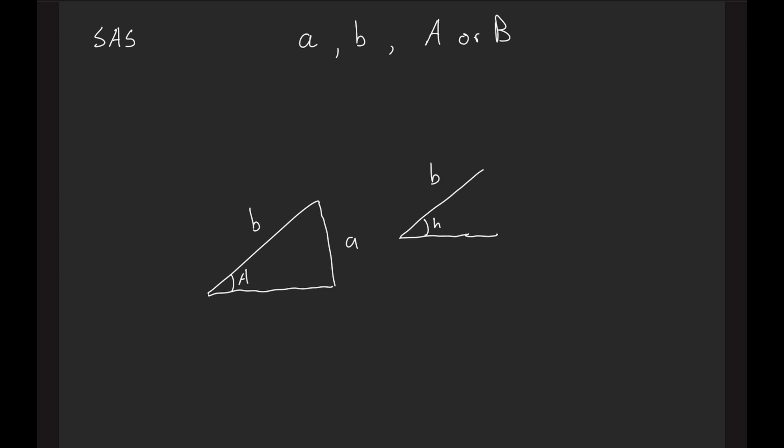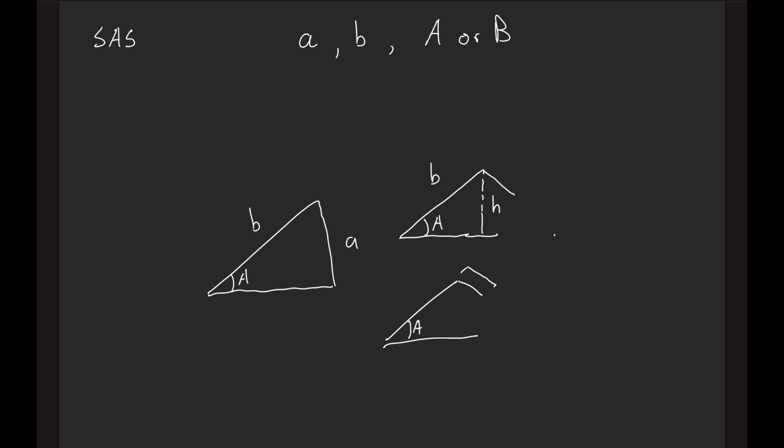Now, since we have angle A, we have a predetermined height, and we have a predetermined hypotenuse. If A were to be shorter than the height, sorry, I mislabeled this. This is the height. If A were to be shorter, say it was something that looked like this, we actually can't form a triangle because we already know the angle A, so that basically locks these two arms in place.